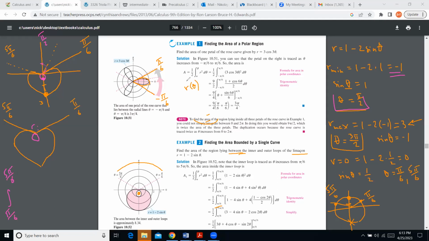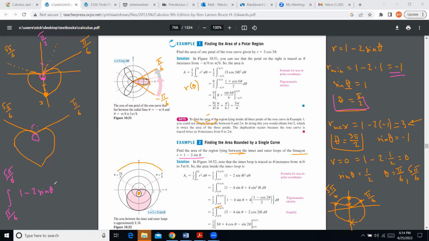So if you get this carefully set up, then everything will be fine, because all you do is you just integrate your function, which is r², so it'll be 1 minus 2 sine theta squared.